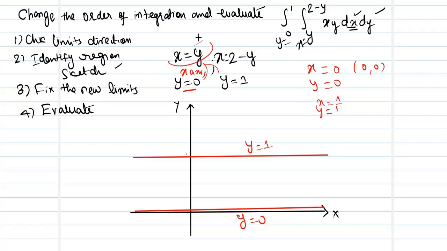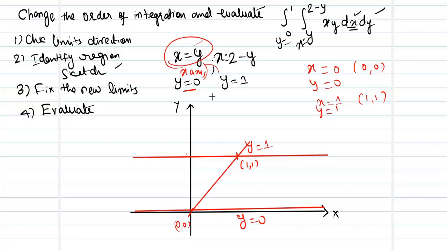So this x equal to y is a line that passes through the point 0, 0 and 1, 1. So this is the point 0, 0. Say this is going to be 1 unit. So this is going to be the point 1, 1. So we have the line which passes through 0, 0 and 1, 1.